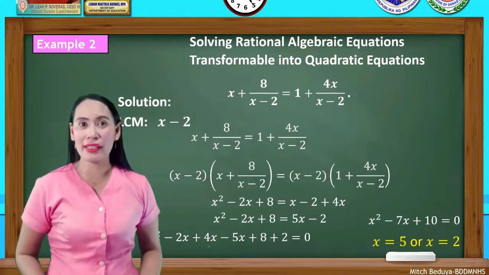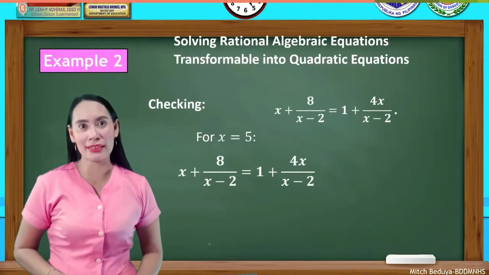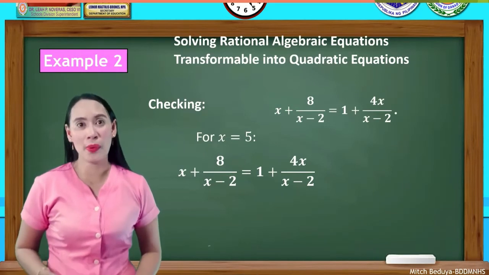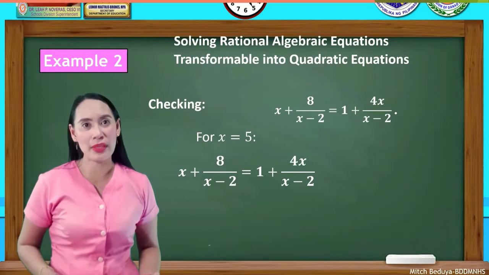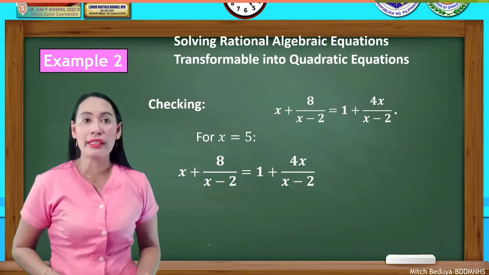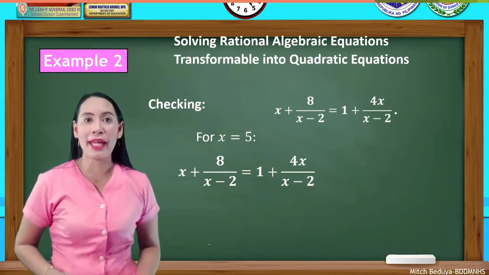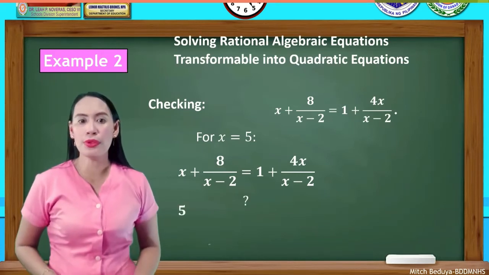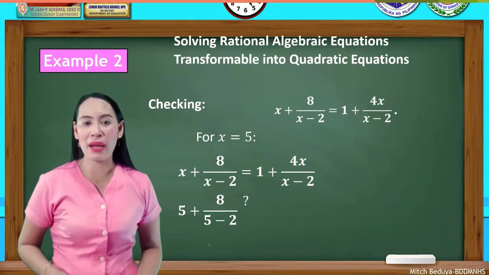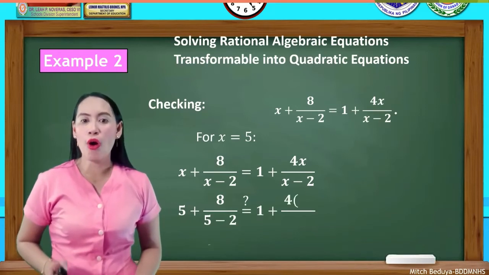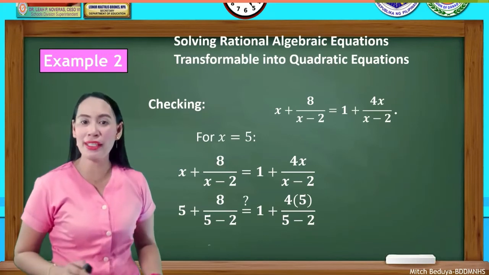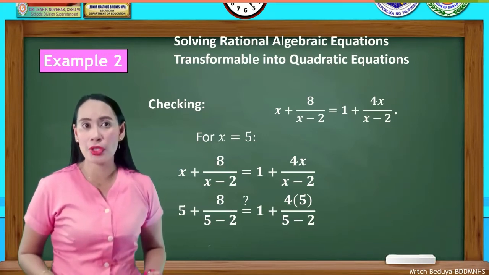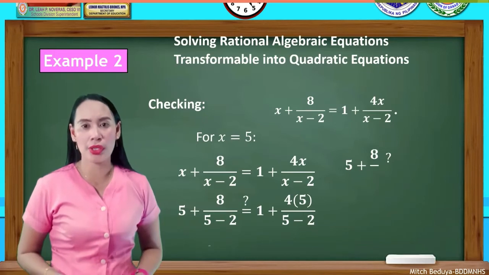Let us now check if the two values of x satisfy the equation. Let's start. For x is equal to 5, the equation now is 5 plus 8 over 5 minus 2, is it equal to 1 plus 4 times 5 over 5 minus 2? Next, simplify. So we are adding fractions in both sides of the equation.